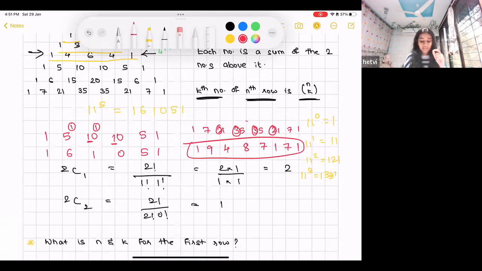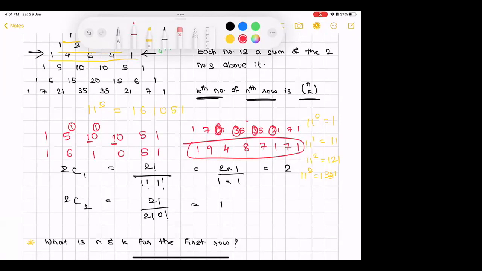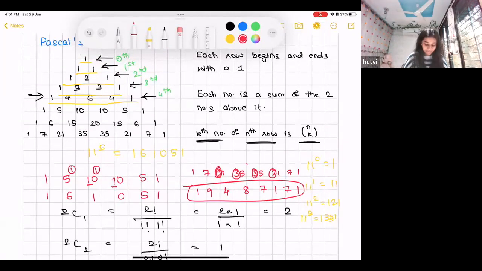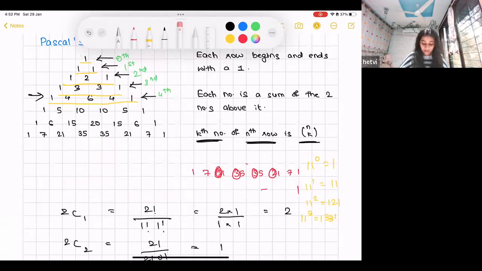I might have gone a little fast, but we are just taking the tens place and carrying it over to the next number. Okay. So the 11 power works for the nth row also. I hope everyone understood this part because we'll be using that over and over again.